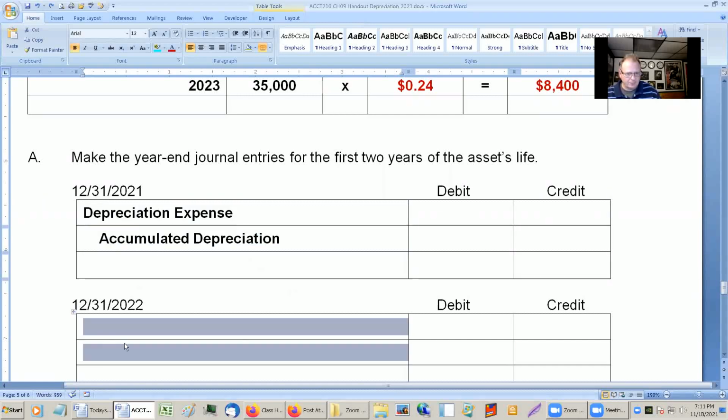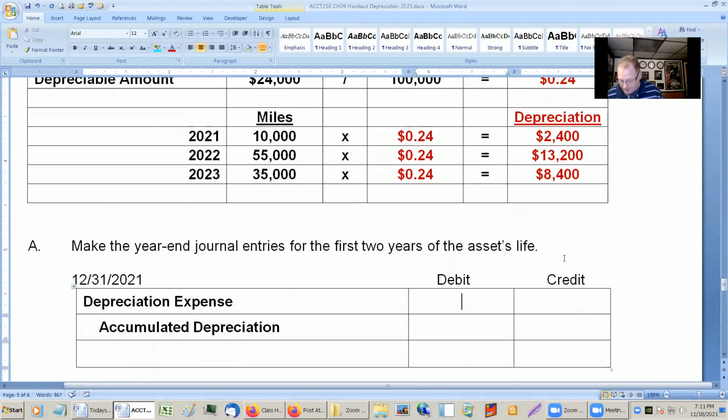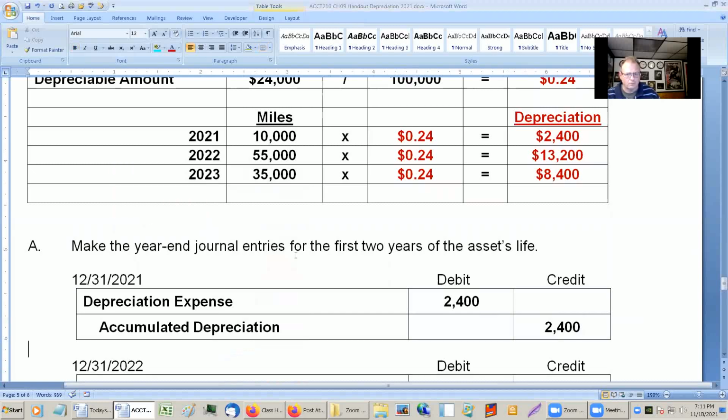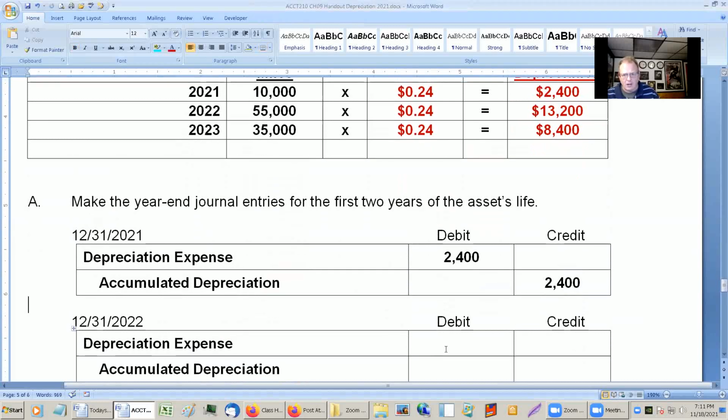There we go. I guess I'm not very good at it. You're on your own. Okay, so 2,400. Okay, just doing the first year. And the next year will be 13,000.